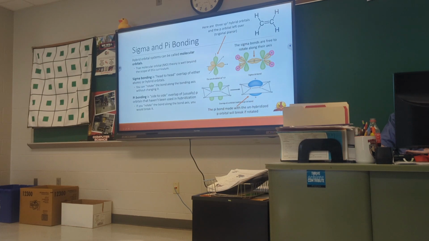And that again describes the shape. So pi bonding is non-hybridized orbitals, but sigma bonding is atomic or hybridized. Absolutely. There are some exceptions, but that's the rule to go by. The exceptions are not common.